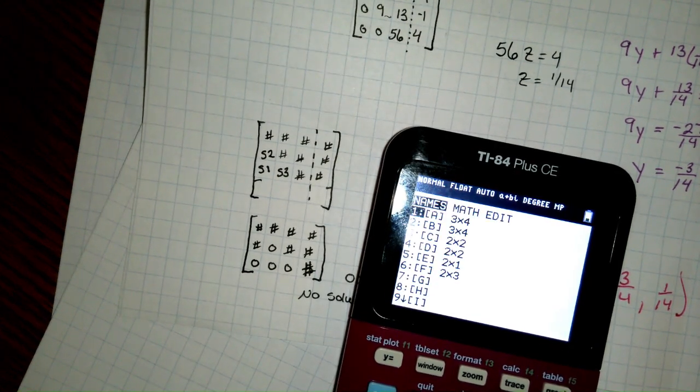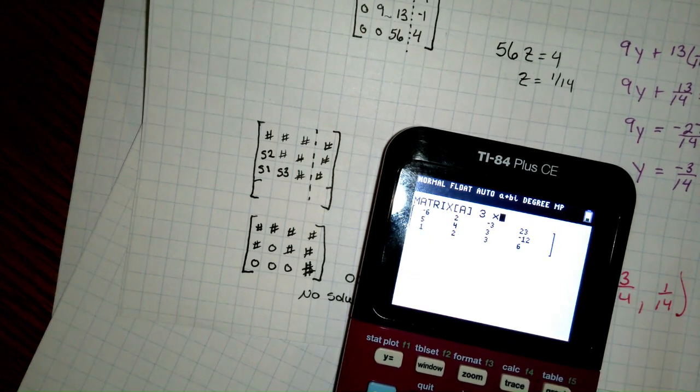So in the last video, we had one that was, go ahead, 3 by 4 matrix. 2x minus 3y plus 5z equals 1. 3x plus 2y minus z equaled 4. And 4x plus 7y minus 7z equals 7.